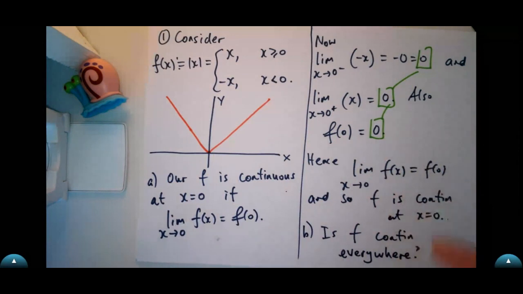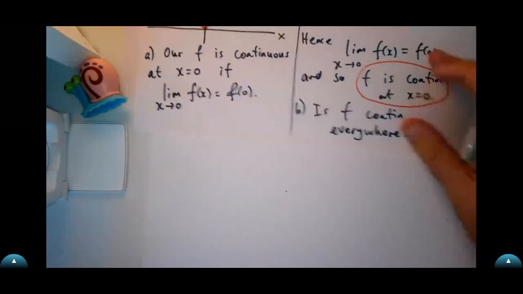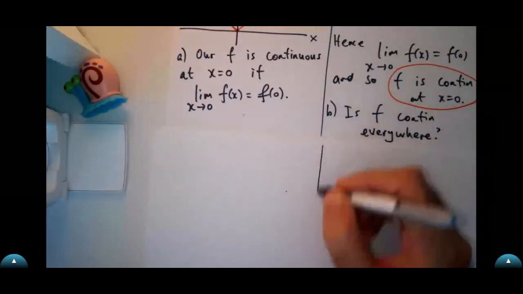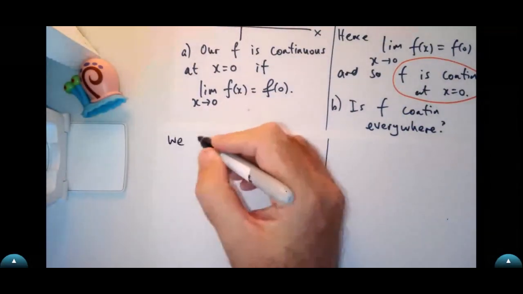But part A told us f is continuous at x equals 0. Yeah, Ningxia, now you're right. Polynomials are always continuous. Okay, so if I was answering part B, what I would say is the following.